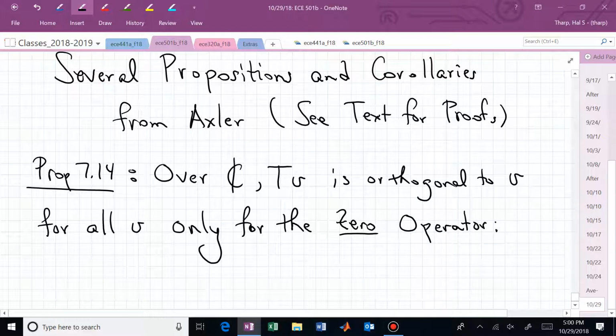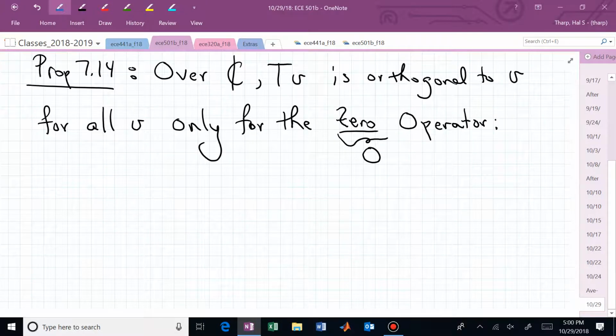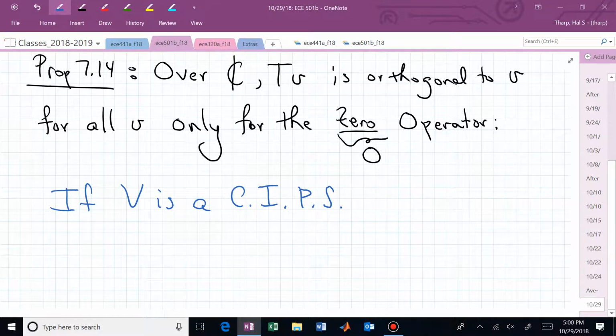That's the label. And again, 0 is heavily loaded, isn't it? It's overloaded. Here's the statement of proposition 7.14. If V is a CIPS, what happened to CVS? Now we have a complex inner product space. So that's what CIPS stands for.